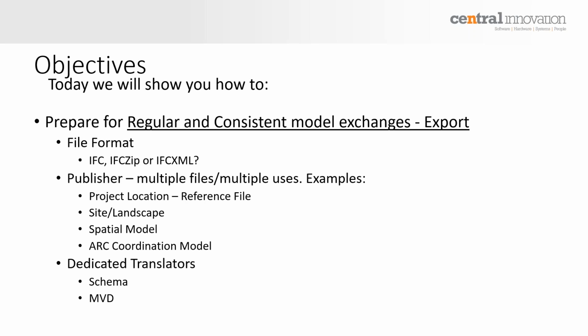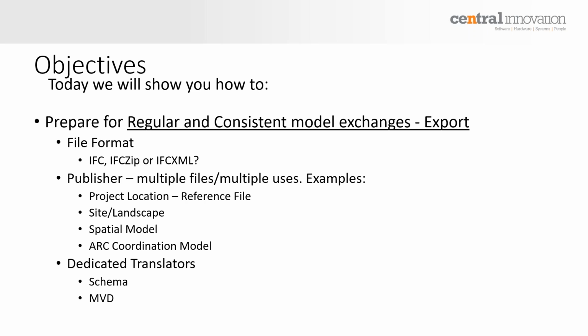Then you have everything that happens within the publisher inside ArchiCAD, which is probably the best way for you to guarantee some sort of consistency in terms of content, but also in terms of translation. And based on translation, we want to take a look at the other side of the publisher, which is those translators that you want to use to export those files.